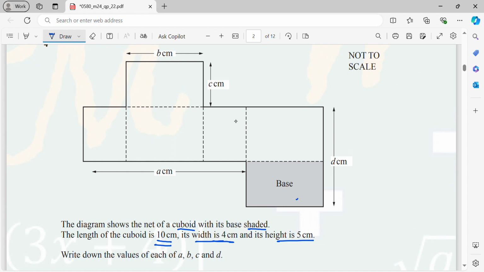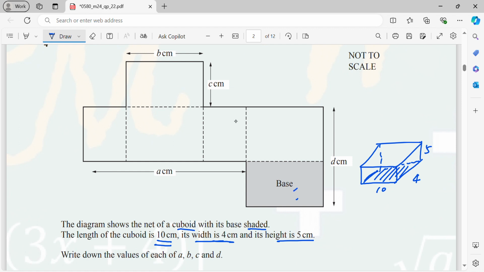From here, we know that you are getting this cuboid. This is the base. Length is 10, the width is 4, and the height is 5.